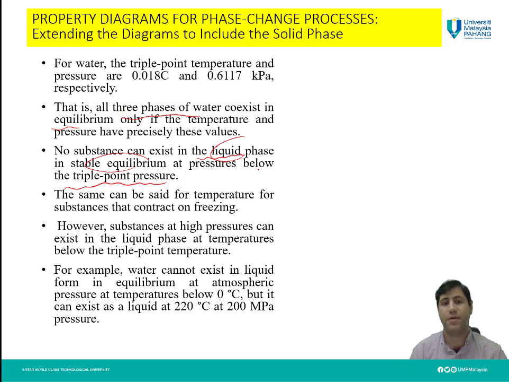We will see this also in the graph. The same can be said for temperature for substances that contract on freezing. However, substances at high pressures can exist in the liquid phase at temperatures below the triple point.